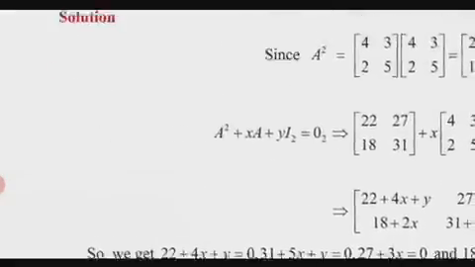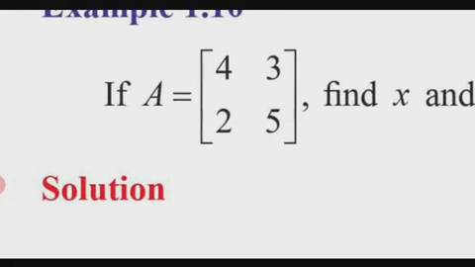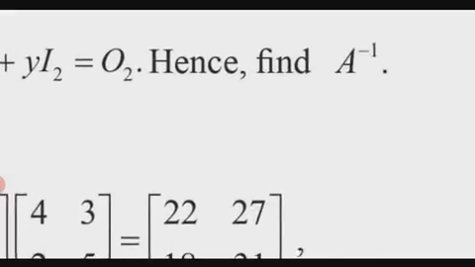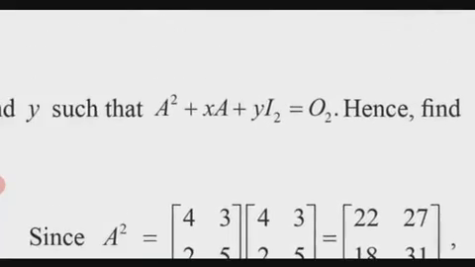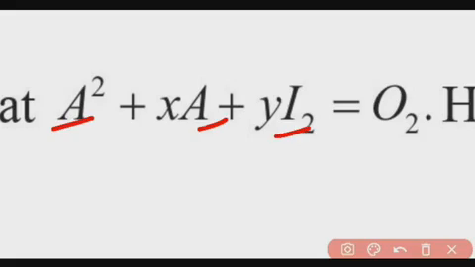Okay, I repeat. The given A matrix is 4 3 2 5. Find x and y values such that the given equation holds, hence find A inverse using that equation. So to find x and y values, we need A square, then substitute A square, A and I2 values in that equation.